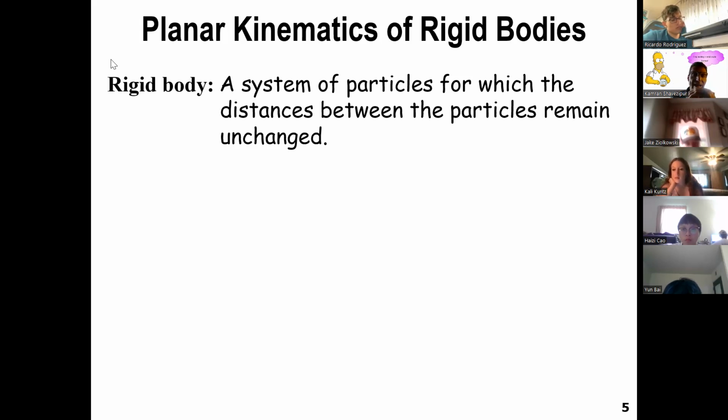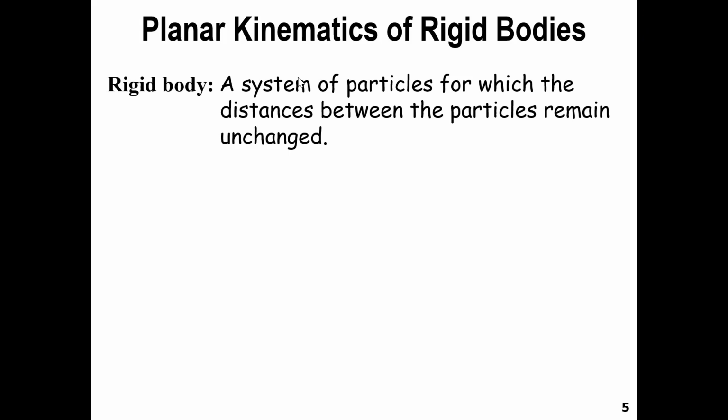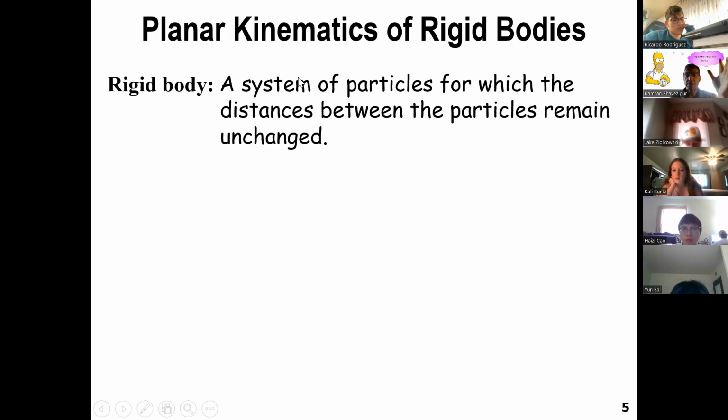So why and how do we talk about rigid bodies here? Because imagine the body of your car. Even the wind flow can apply some forces, and those forces can create some deformations in the body of the car.